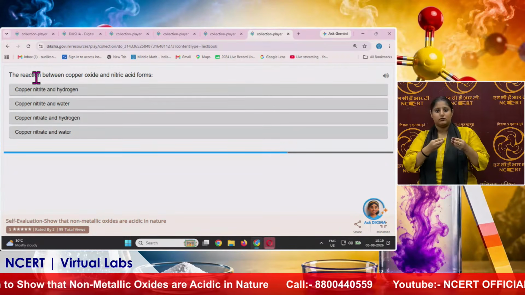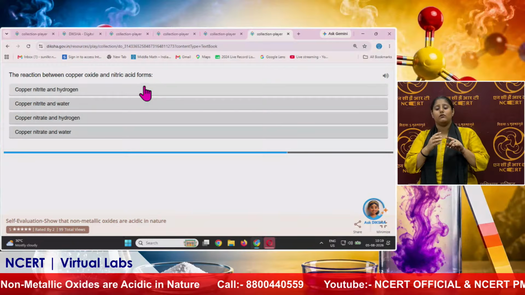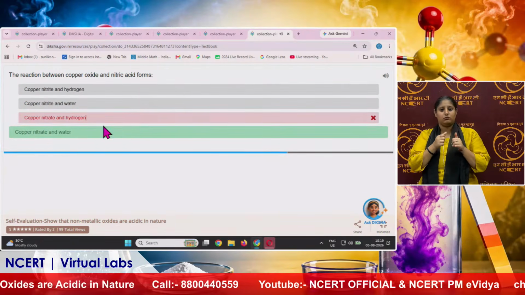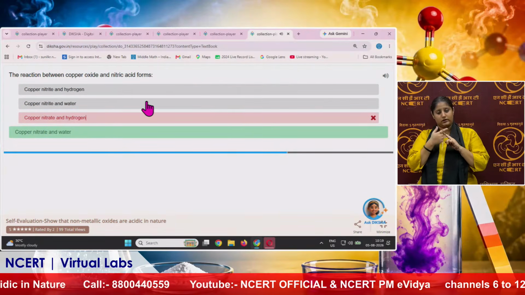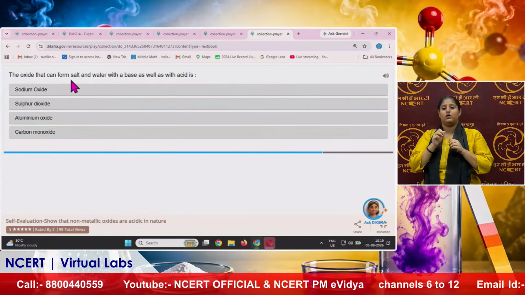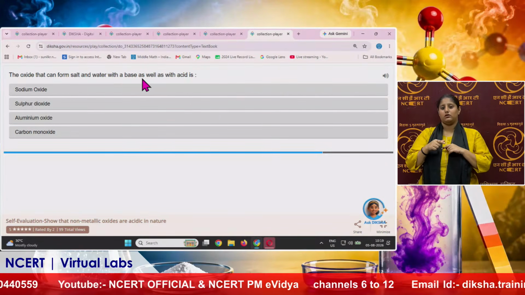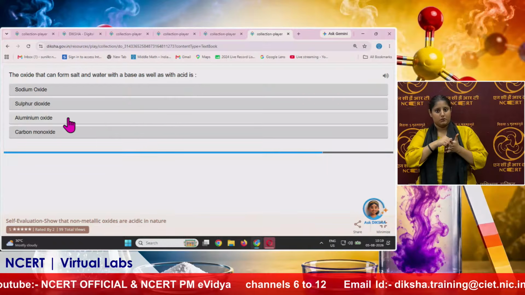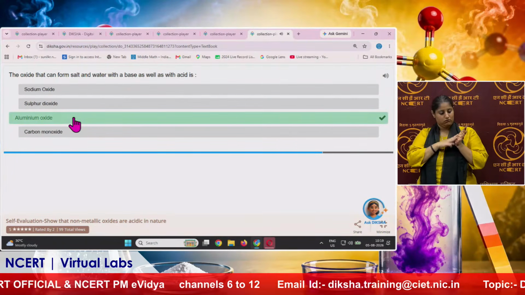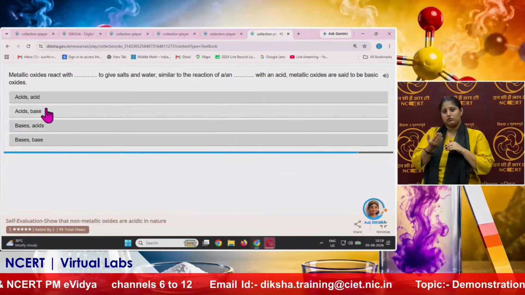Now next question: the reaction between copper oxide and nitric acid forms copper nitrate and water. Now the next question: the oxide that can form salt and water with the base as well as with acid is called aluminium oxide, because it is an amphoteric oxide. So Al2O3 is the correct one.